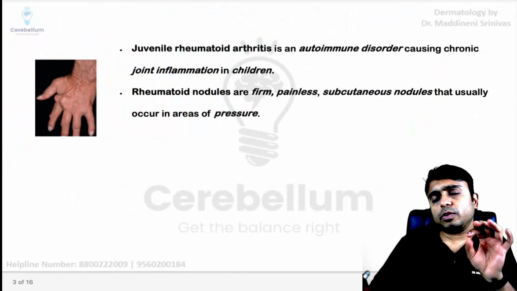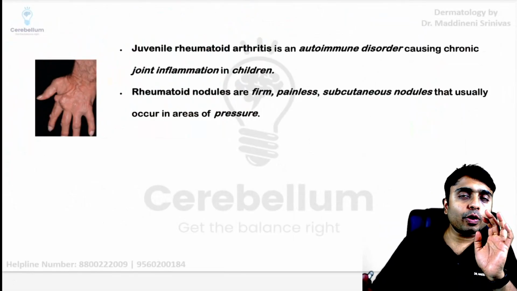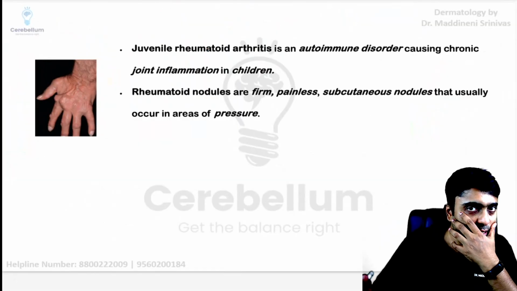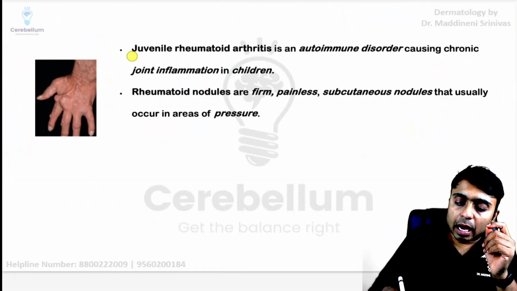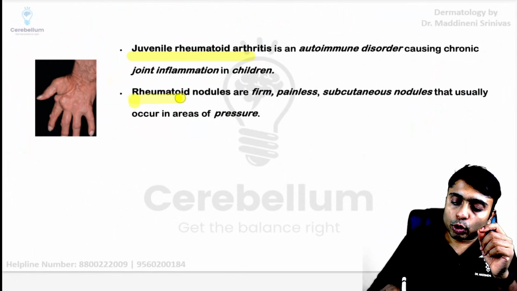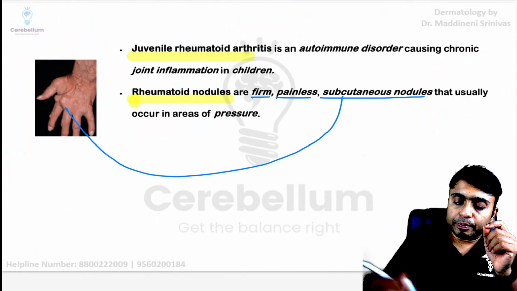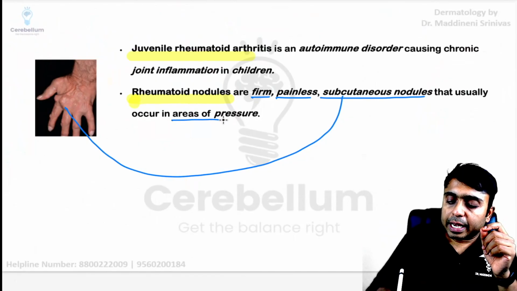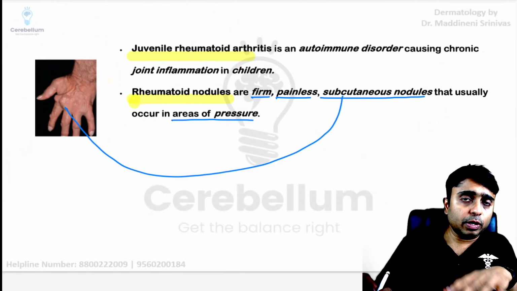Now, just for completion purposes, option B is telling rheumatoid nodules. So how are they going to present and where are they going to be seen? Juvenile rheumatoid arthritis is an autoimmune disorder in which we can see rheumatoid nodules as firm, painless subcutaneous nodules, which you are able to see here, usually over the areas where pressure is more when compared to the rest of the body parts.